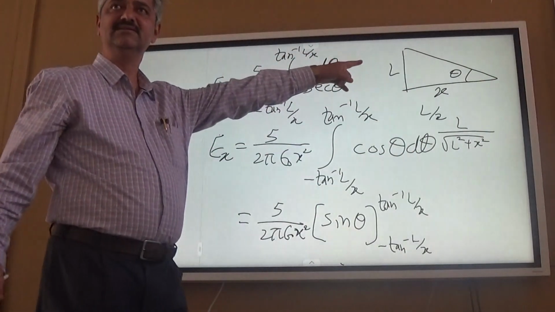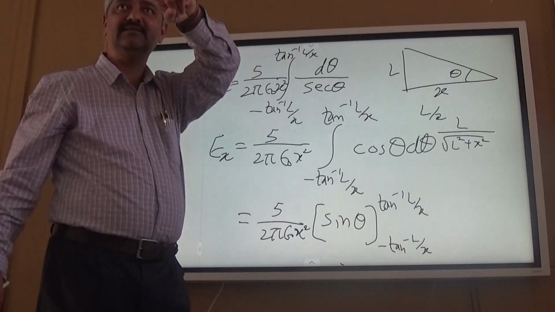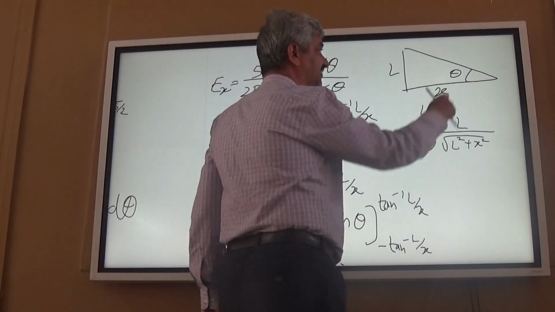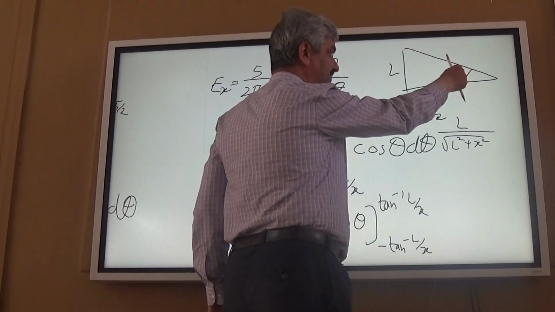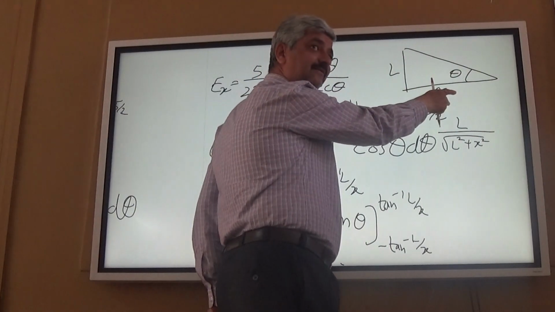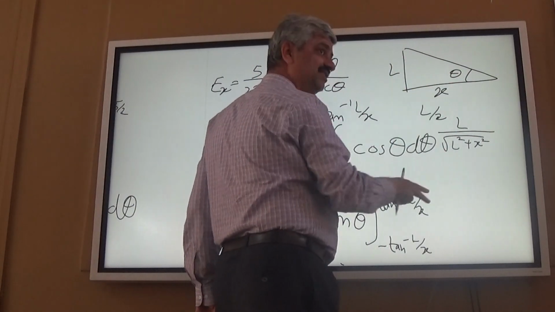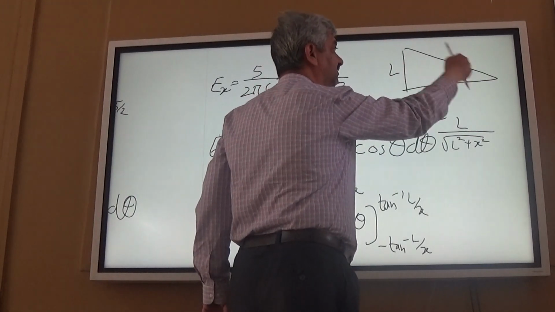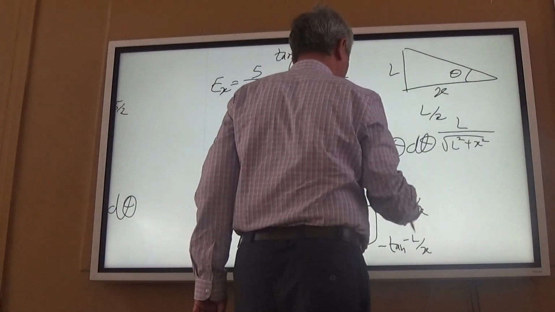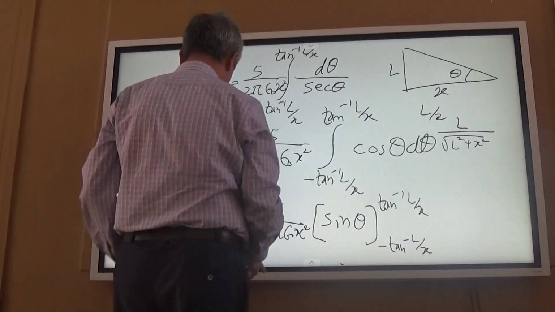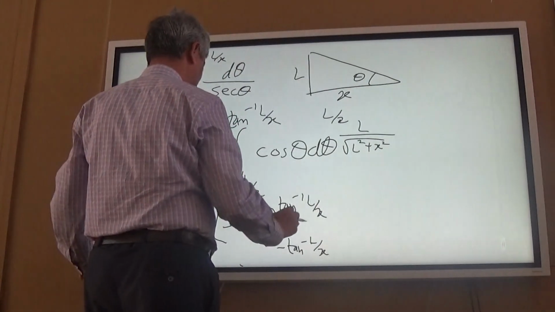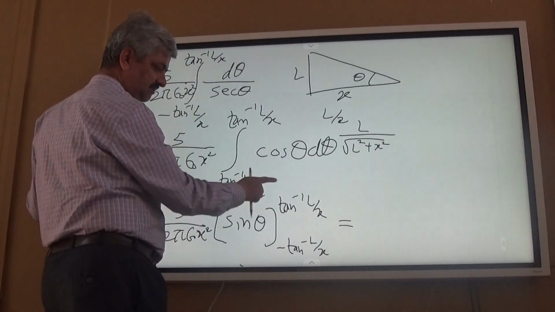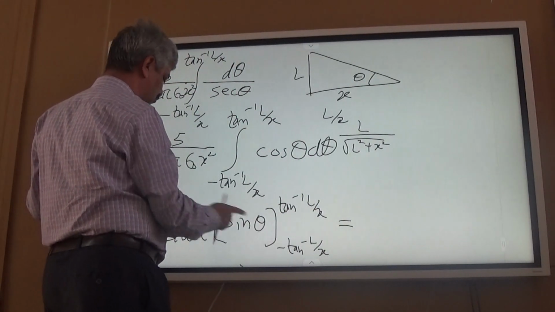Right? Understood? Tan inverse of L upon x is this, L upon x, right? Sin theta is this upon this, under root square of x square. So this comes as sin, which is symmetric, so this and this becomes 2.